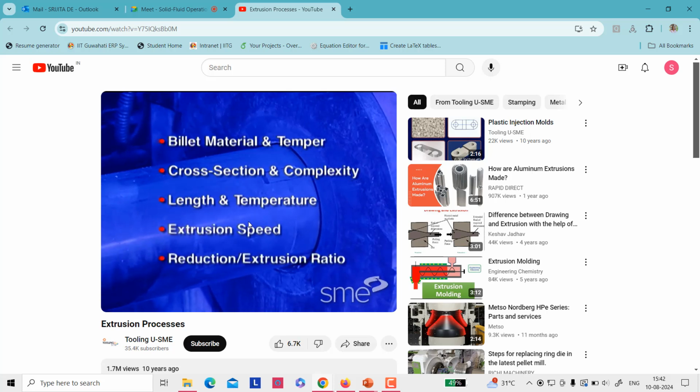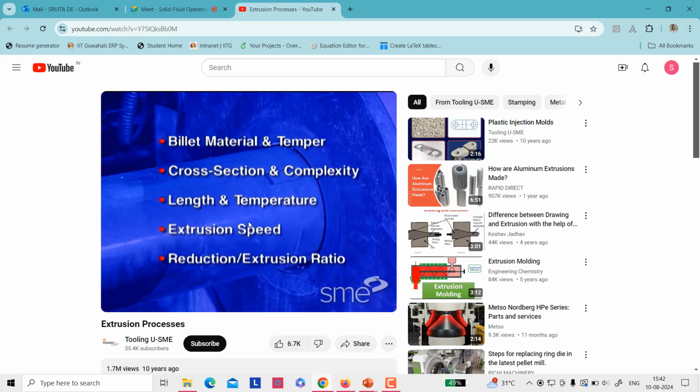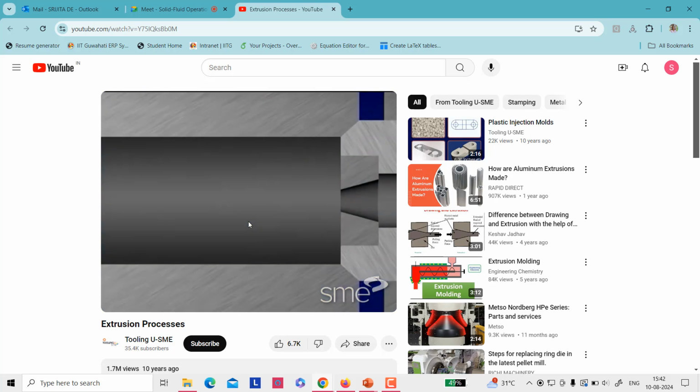This happens at a particular length of the extrusion, and the temperature also needs to be maintained.